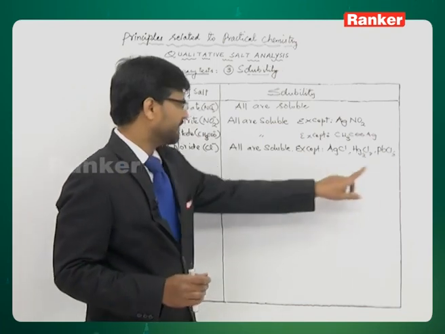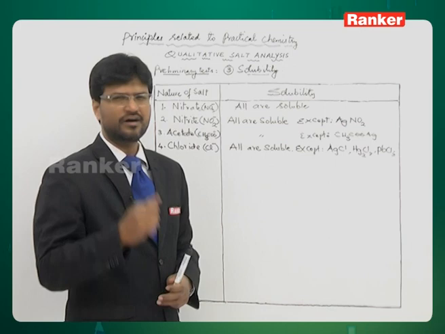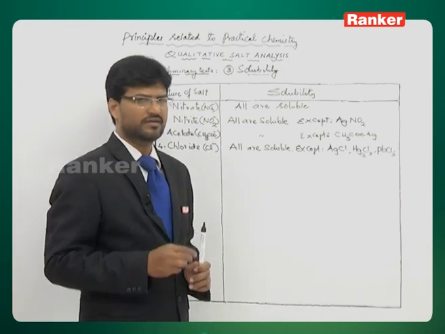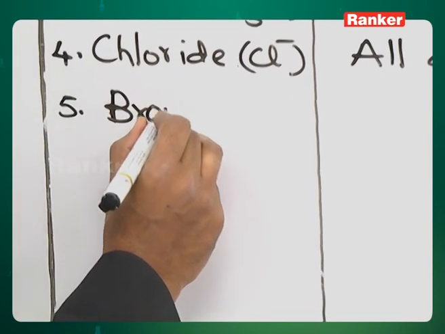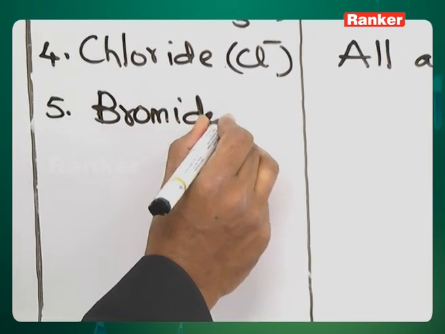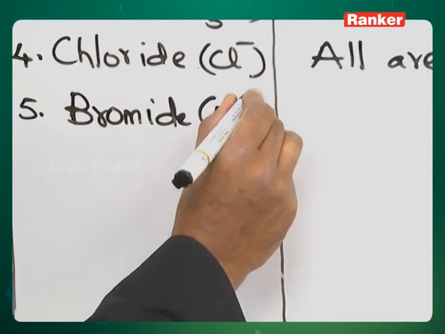And remember that plumbous chloride is soluble in hot water. It is insoluble in cold water. Number 5, bromides, Br minus.